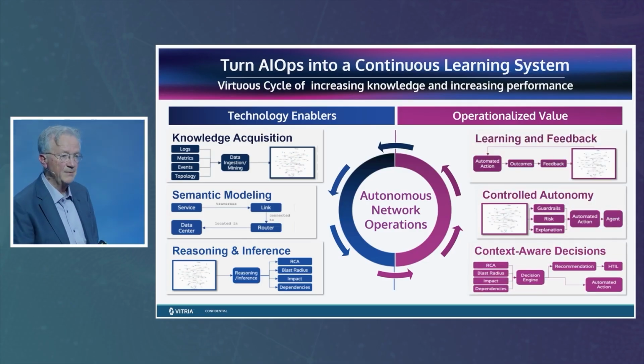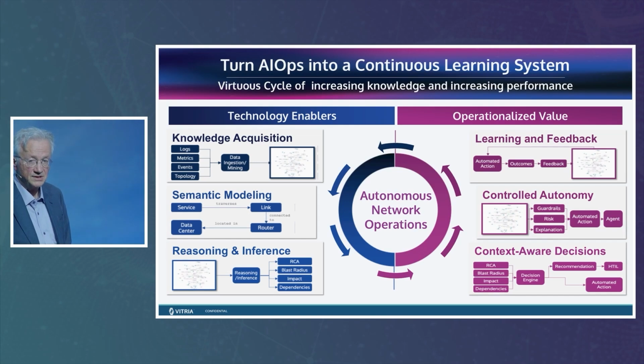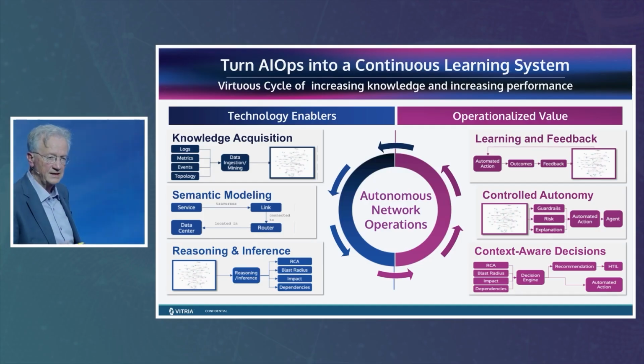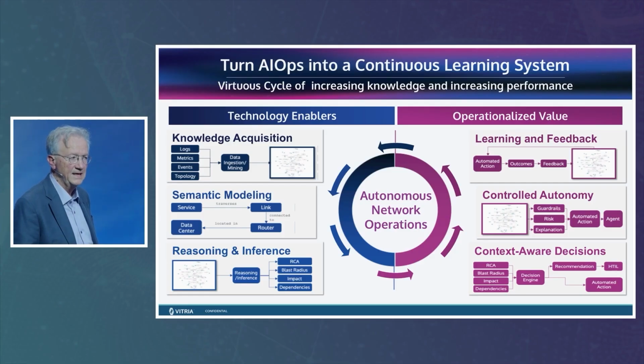So the agents can now make context-aware decisions. They're not probabilistic, but based on the knowledge graph. They can explain themselves in the knowledge graph. And actually, that graph I showed before is a visual explanation of what's going on. So they can explain themselves, show you the knowledge graph they use for reasoning, and that provides a way of providing guardrails and also allows you to validate what they did.